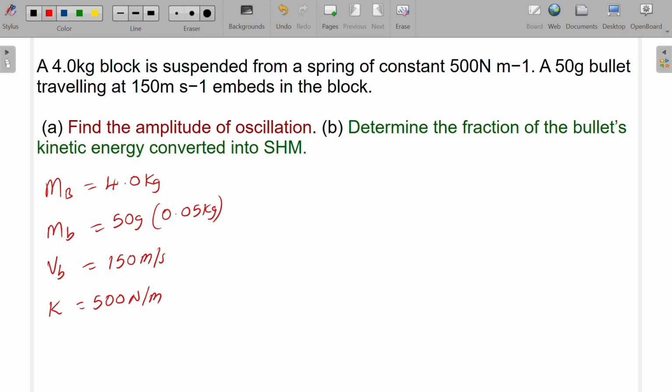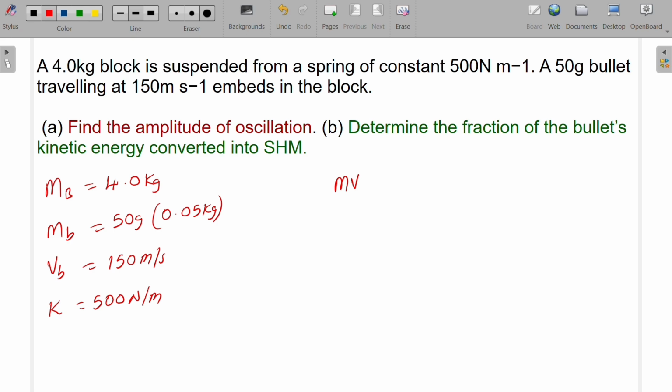We can find that speed using the law of conservation of momentum, which says the momentum at the beginning must be equal to the momentum at the end. Initial momentum must be equal to the final momentum. We are conserving this momentum. Now, momentum is given by mv, mass multiplied by velocity or speed.